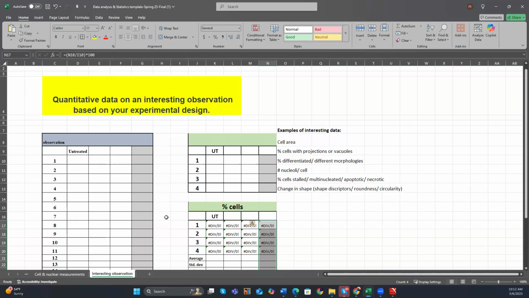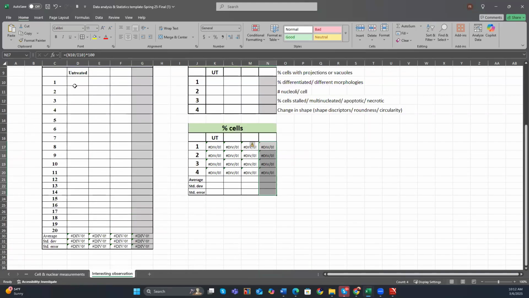Because you did 5 from each field. So you may have 15 to 20 numbers there. Those numbers for all the untreated, all the fields, just put them one on top of the other. Then you'll have your saffron numbers.